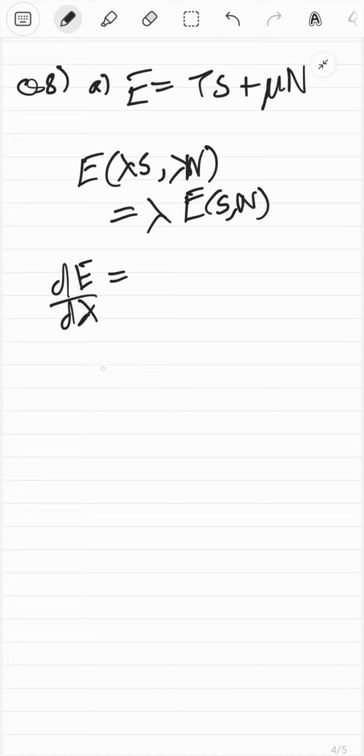What the hell was I doing? Yeah, I was doing something, I kind of forgot. Just lambda dE upon... okay, that's not cool. Something is really messed up.